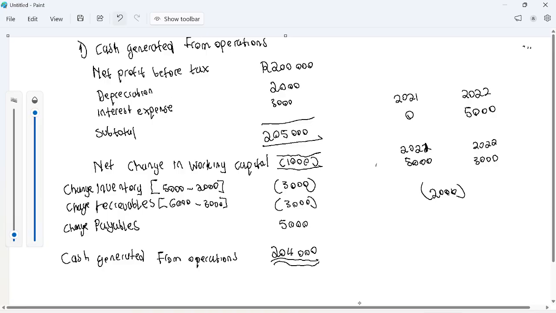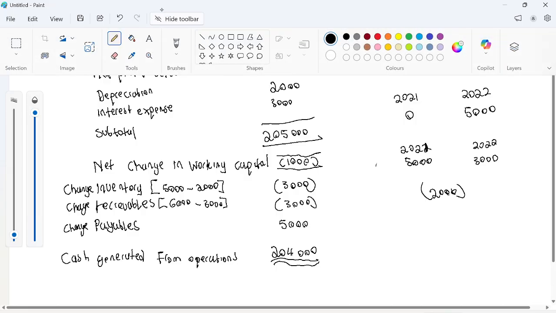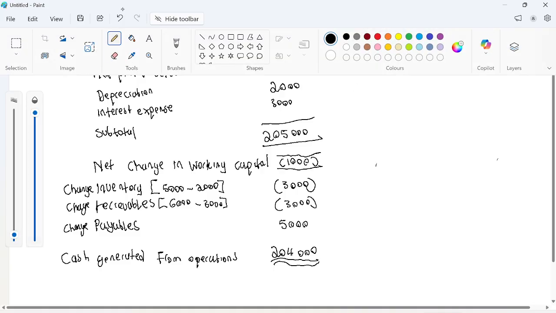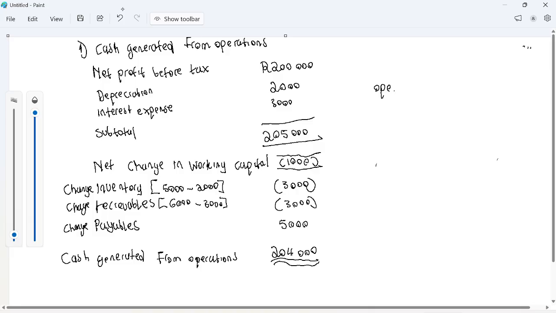So remember, guys, in the statement of cash flow we have three activities. We have the operating activities, investing activities, and we have what is known as financing activities.